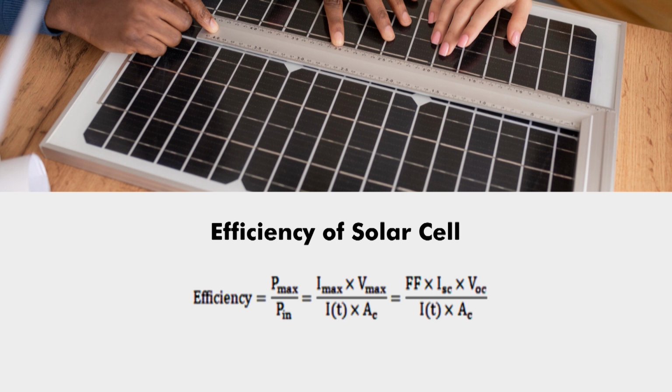If you are calculating the efficiency of a PV module, you must know the area of the PV module. And this P max can also be written as fill factor multiplied by the maximum current and the maximum voltage. And you know what the input is? Input is the product of intensity and area of the solar cell.